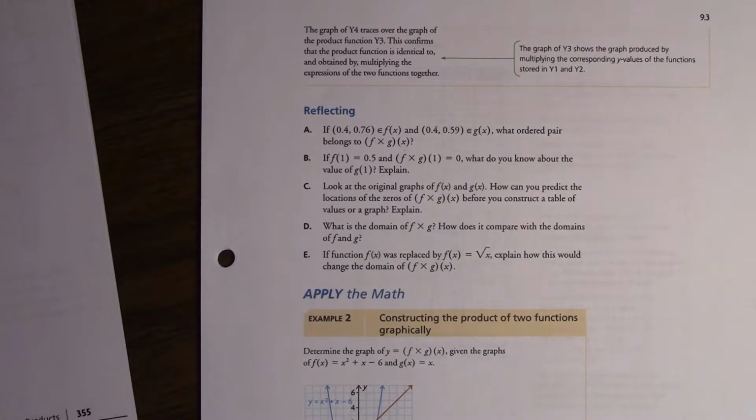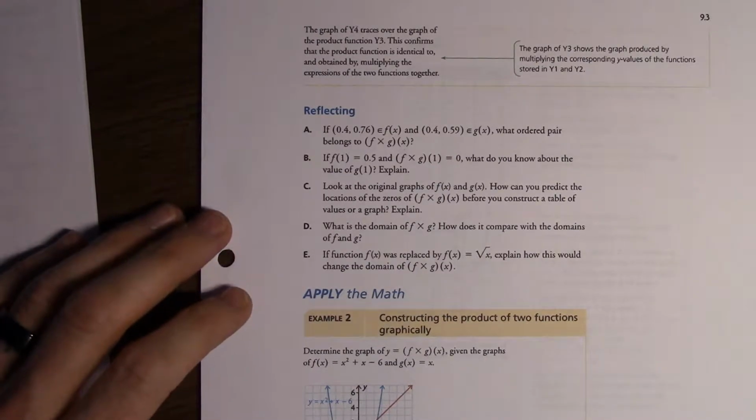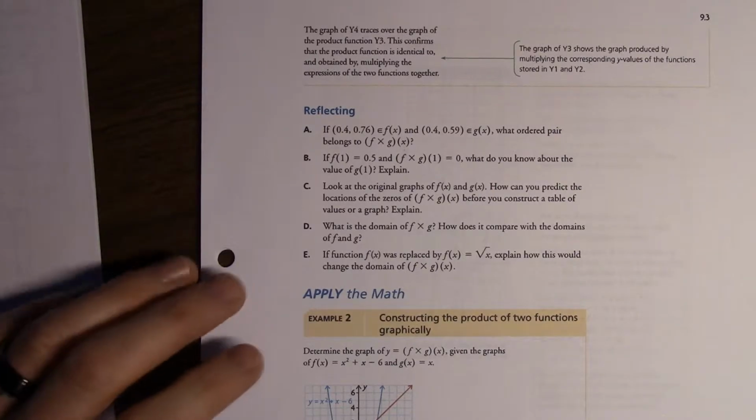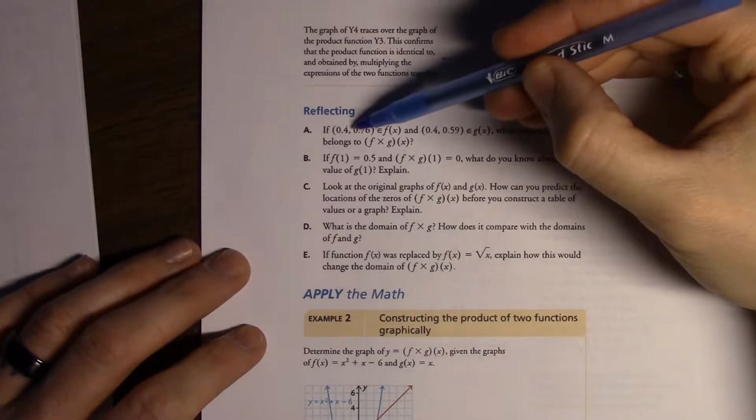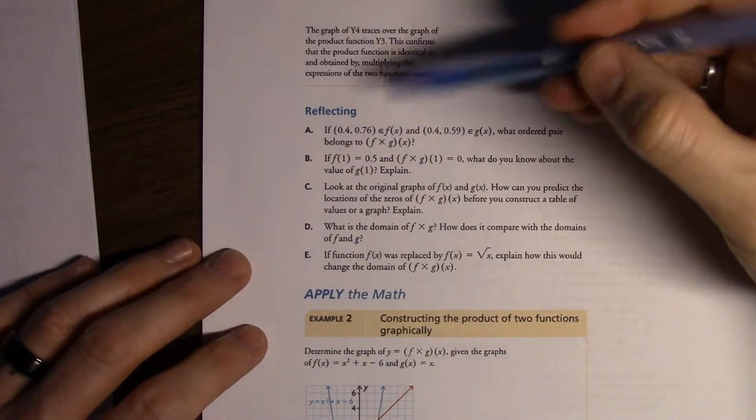If you know the answer and you don't have your calculator, what would you do? Yeah, multiply the y values. That's it, right? The x value is the same, and we want to know the product of these two functions.